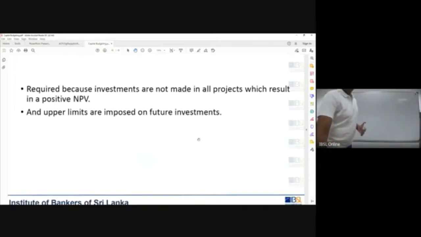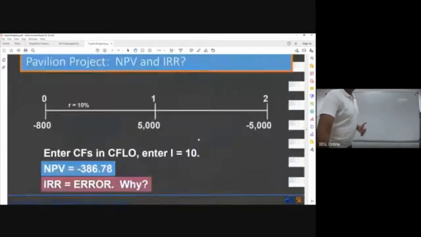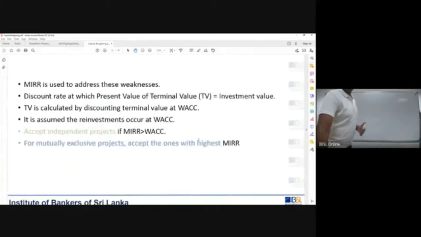Let's do the profitability index for this.